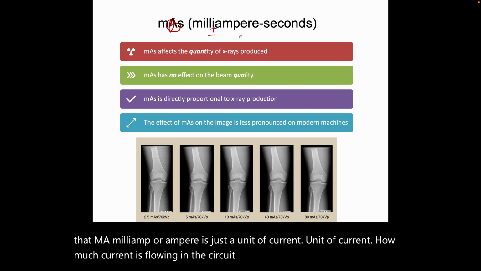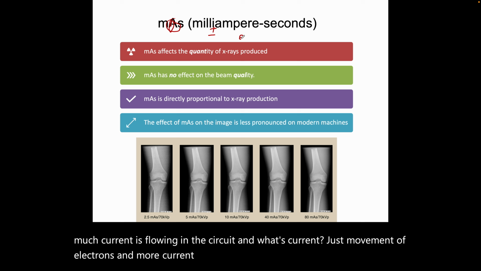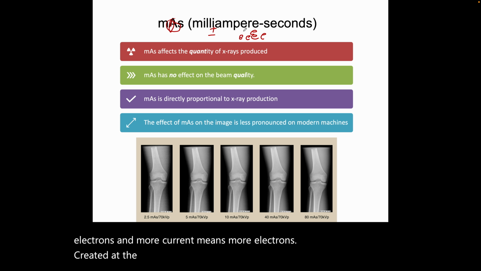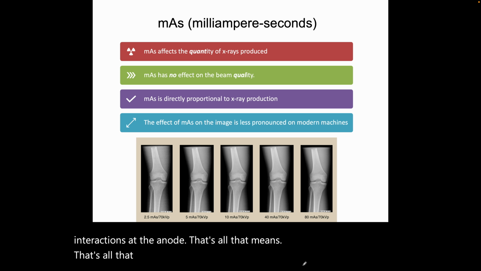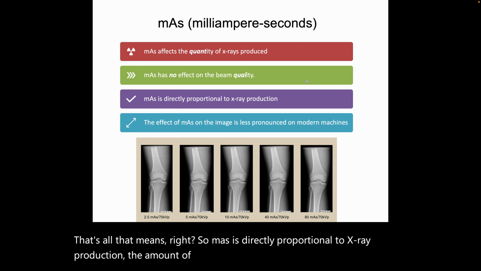And what's current? Just movement of electrons. So more current means more electrons created at the cathode. More electrons mean more photons, more interactions at the anode. That's all that means, right? So MAS is directly proportional to X-ray production, the amount of X-rays produced, right?